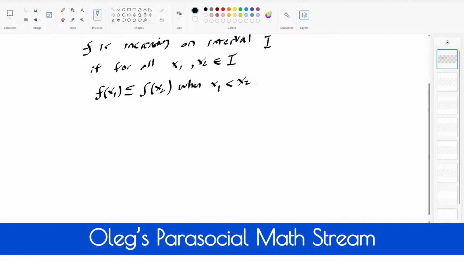So, in other words, it's like this. I don't know, let's just do it like this. So we have our x, y. So if our x is increasing and our y is increasing, then that's what they're saying. This is x, and this is x1, this is x2, and then this is y1, this is y2.